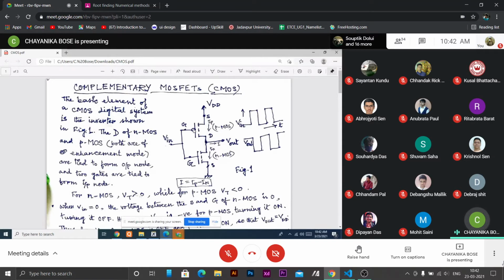But when we reduce this voltage to 1, 2, 3 like that, this difference increases, VG minus VS is VGS. So if it is now 5 volt, then VGS is practically minus 5 volt. So it will conduct, and depending on this difference voltage, the current through this device will increase.